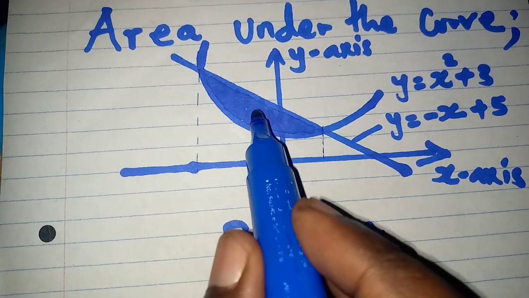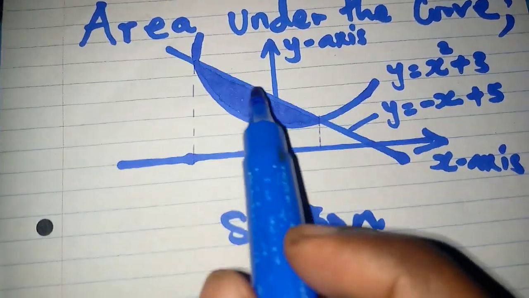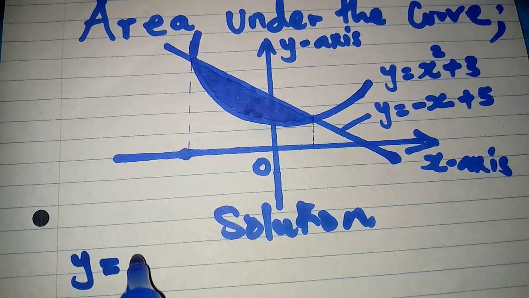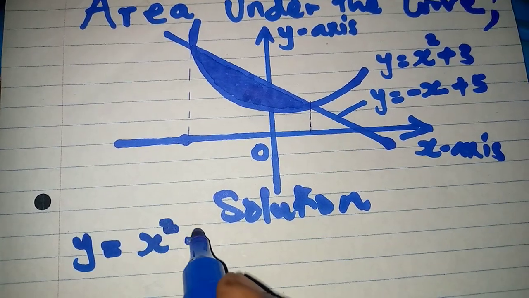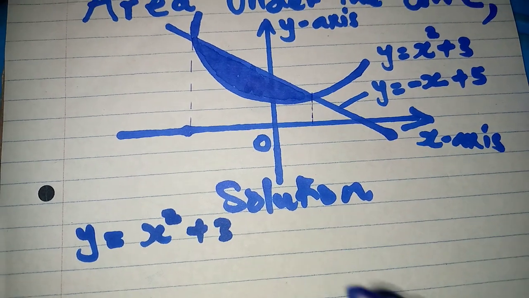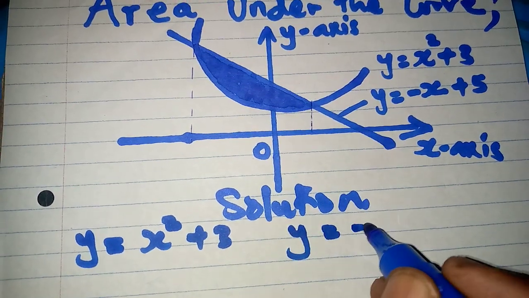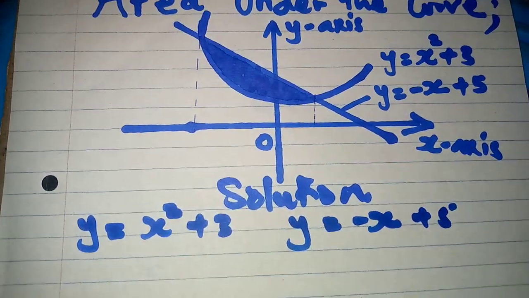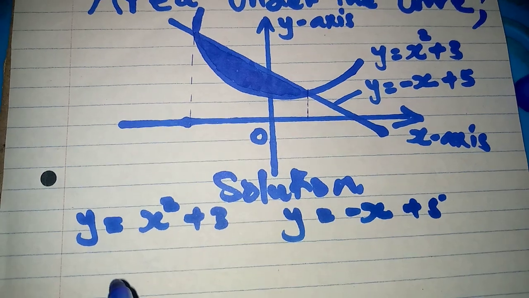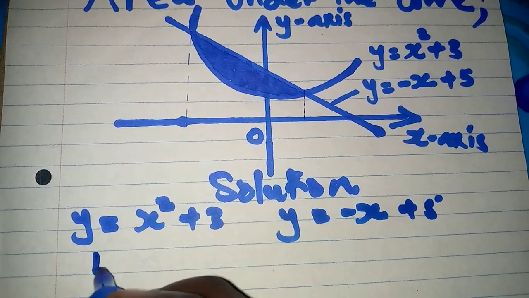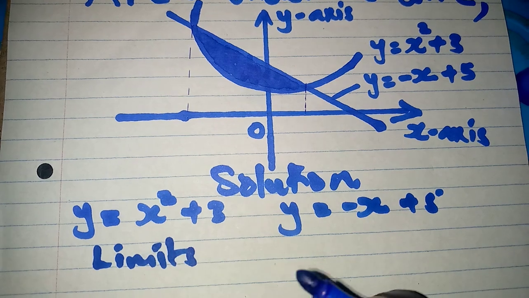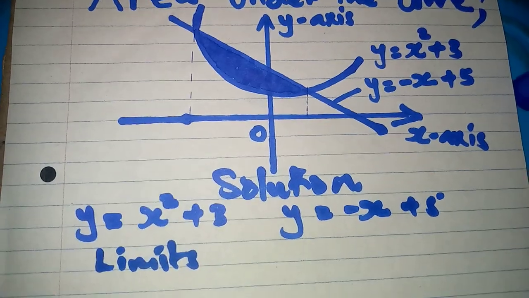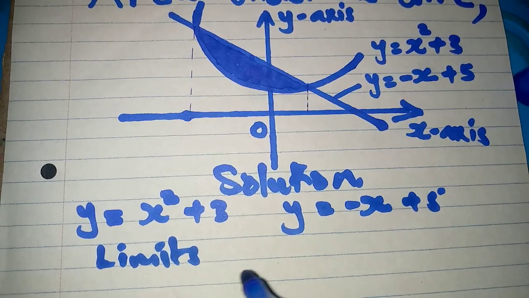This region, I'll call it R, has been bounded by the curve y equals x squared plus 3 and the line y equals negative x plus 5. The first step is to find the limits, or the boundaries of that region, by equating the two functions.